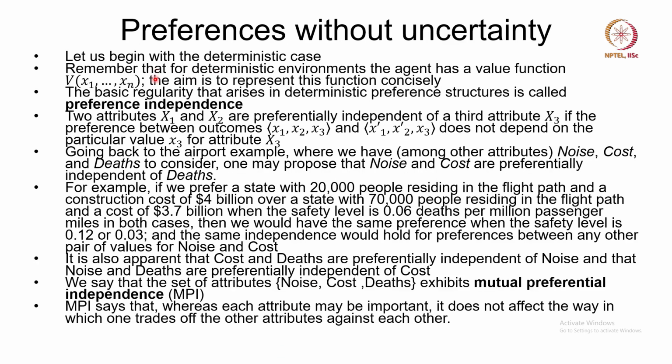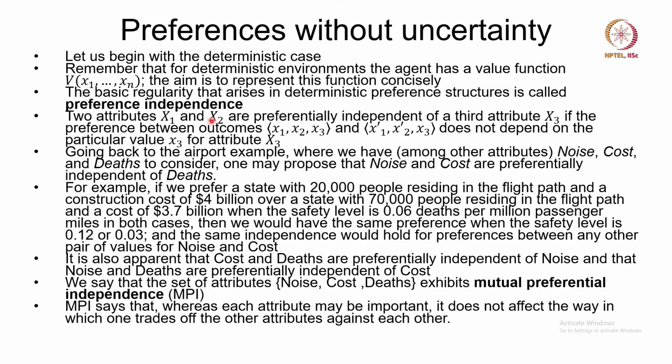So first of all you need to check if the values are independent of each other, because independence is very important. So we need to first check whether there is preference independence. Okay, so suppose we have two attributes x1 and x2.